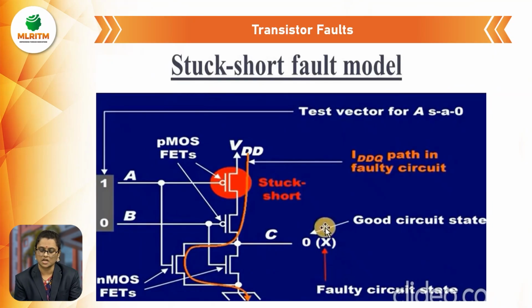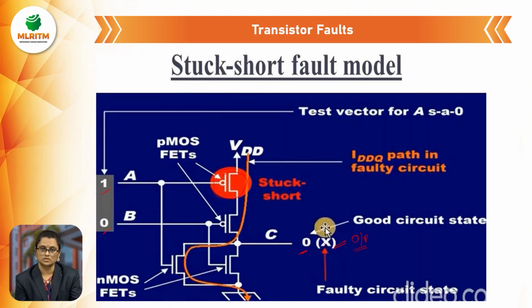And then the stuck short fault. So the same diagram I am taking here. Applying the 1 0 combination to the A B inputs, I'll get the output 0. Here I am applying the stuck short fault, meaning this PMOS is stuck short. Due to this, we'll get the X output.